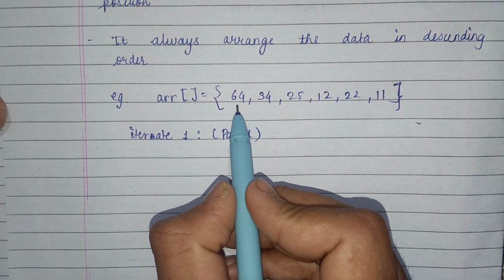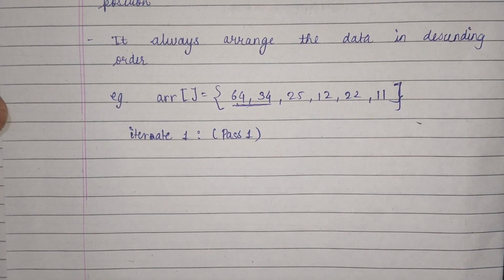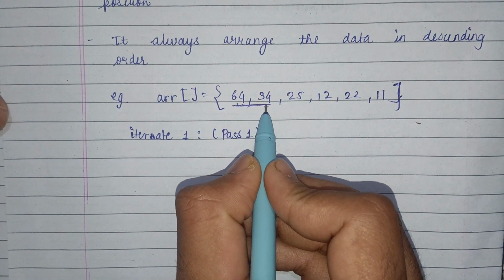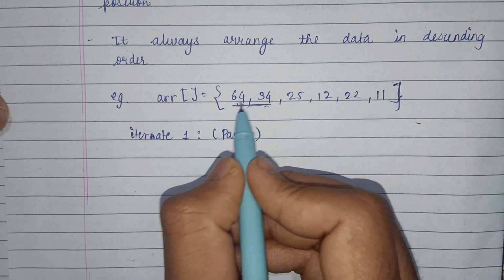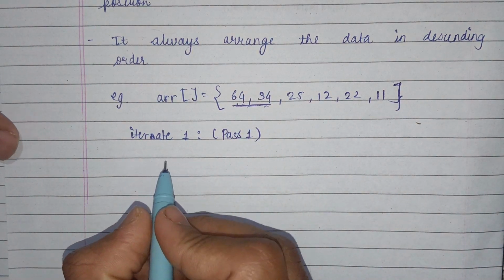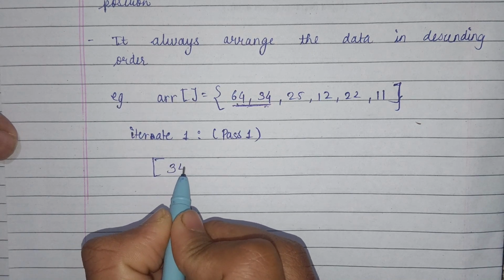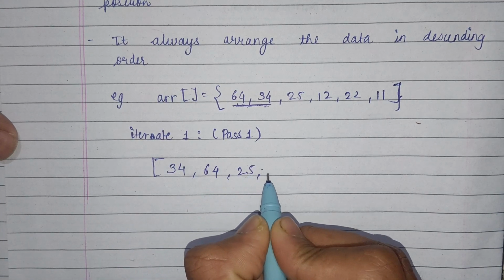It will compare 64 and 34 first. Obviously 64 is greater and 34 is less than 64, so it will swap the positions. Now the array will be 34, 64, and the rest of the elements will be the same.